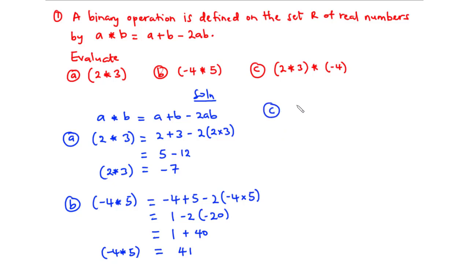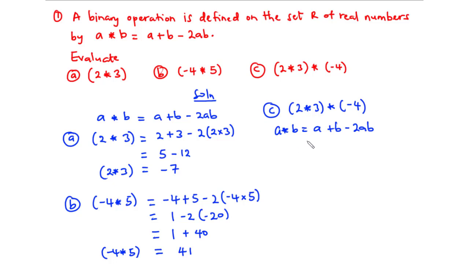For C, we have 2 star 3 in brackets, star negative 4. From BODMAS, we are going to deal with what's in the bracket first. So we are going to apply the operation on 2 and 3. Using this same operation, A star B equals A plus B minus 2AB, A is 2 and B is 3.